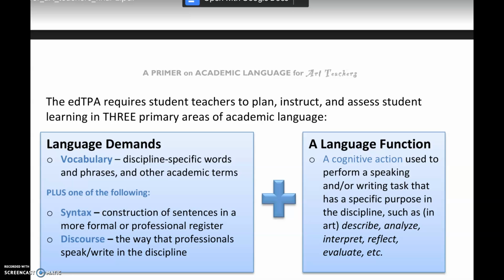But in methods, we were discussing how there are actually 3 different kinds of vocab that we're going to be wanting to put on our EdTPA lesson plans.